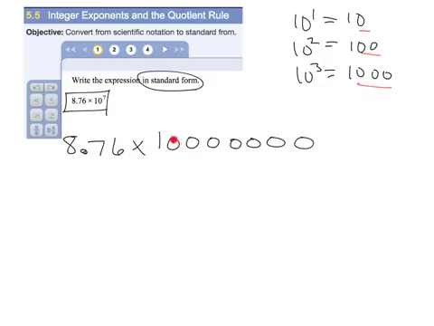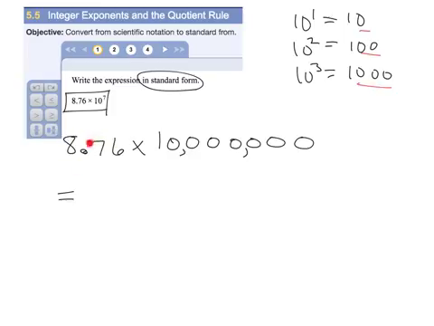All right? Now, when I multiply 8.76 times 10 to the 7th power, this big number, I don't know what number that is, 10 million. So when I multiply 8.76 by 10 million, is this number going to get bigger or is it going to get smaller?